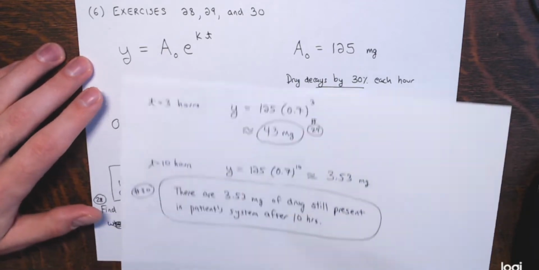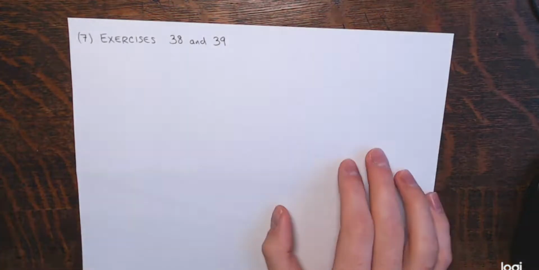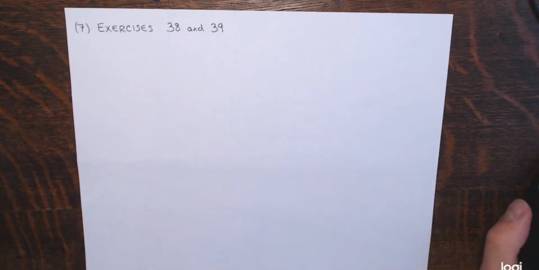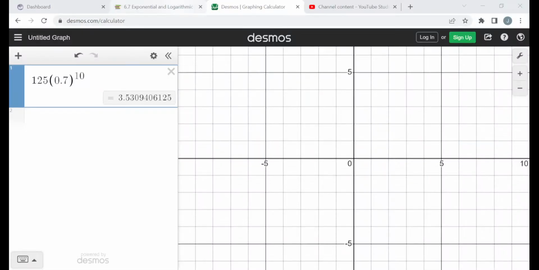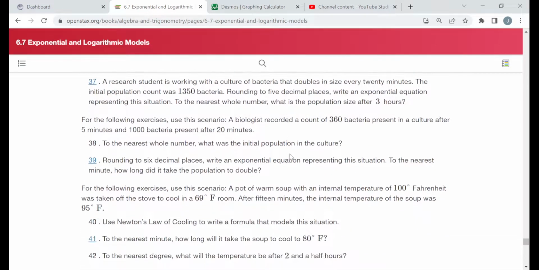I've got just one more set of exercises that are related. Exercises 38 and 39 from the text are also related to exponential growth and decay. This time it's about exponential growth of a population of bacteria.